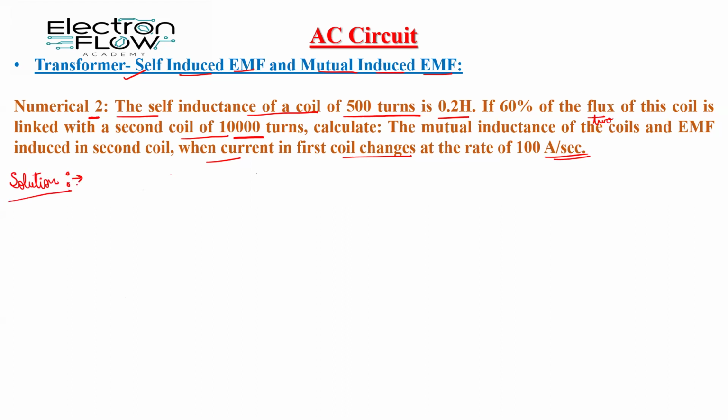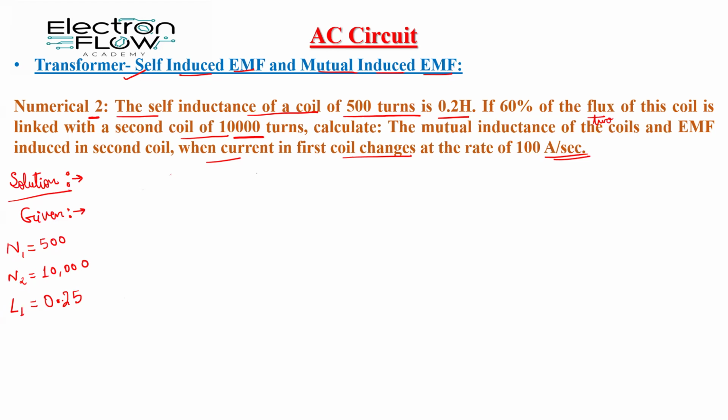So firstly, the given parameters are: N1 is equal to 500, the primary number of turns; N2, the secondary number of turns, is given as 10,000; and L1 is equal to 0.25.